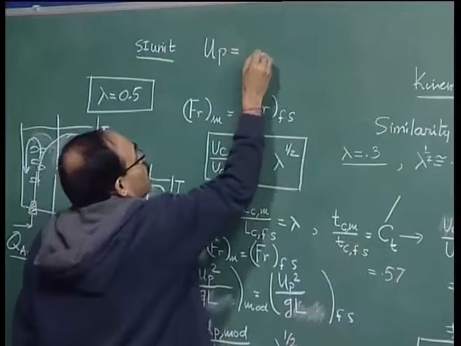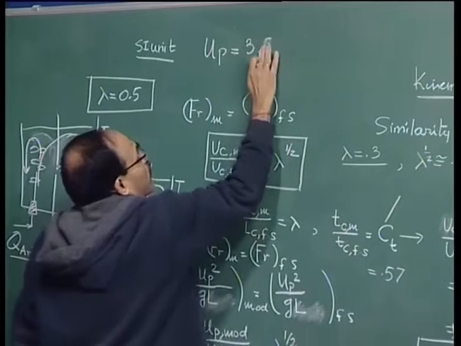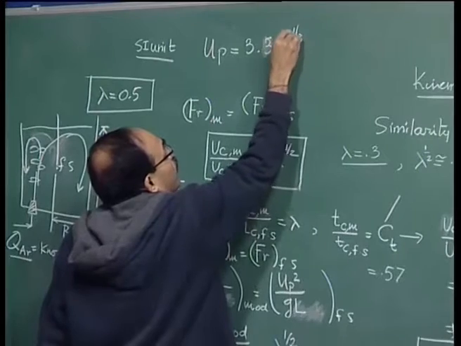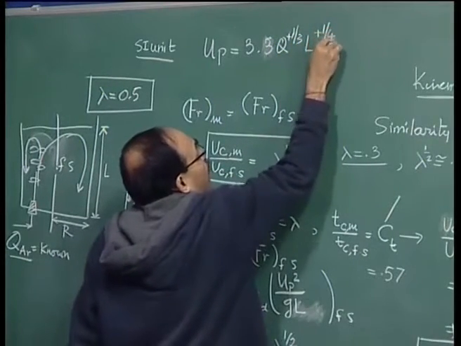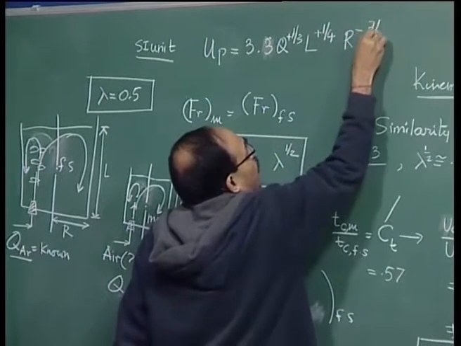This comes out to be something like 3.3 into Q raised to the power 1 by 3, L raised to the power plus 1 by 4 and R raised to the power minus 7 by 12.